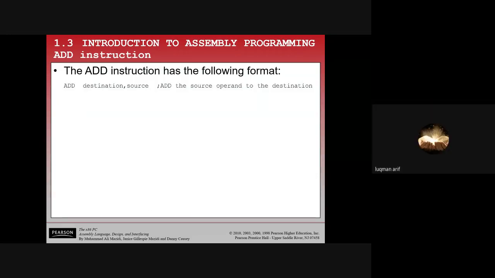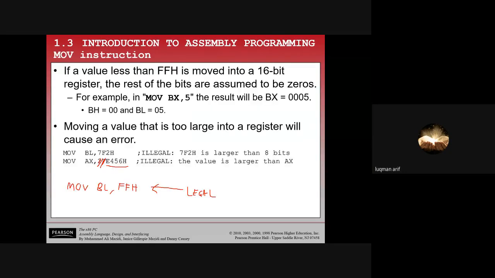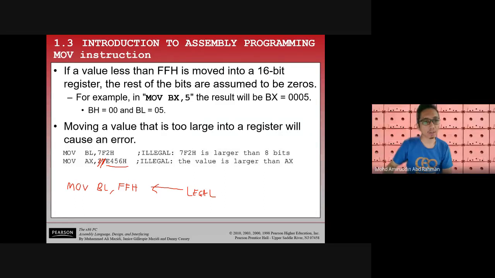All right. Doctor, yes. Do you have any question? How can we know that FFH is legal? Because F is the maximum value for the hex, right? You remember the hex?